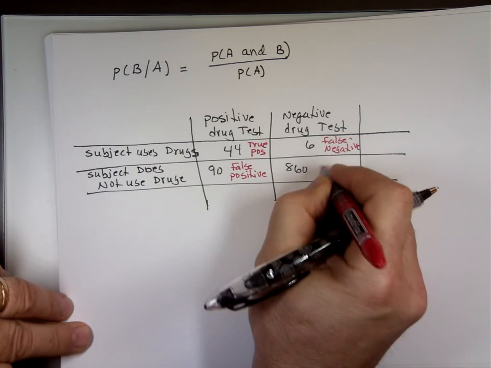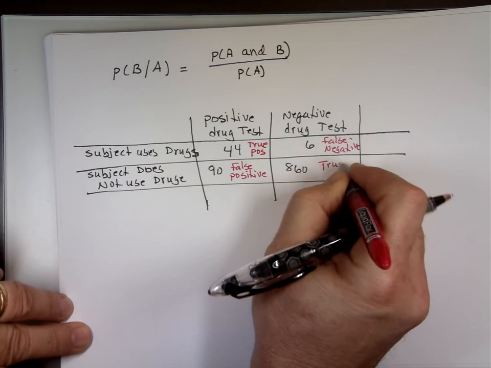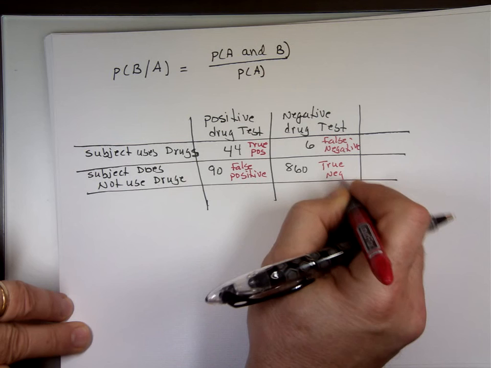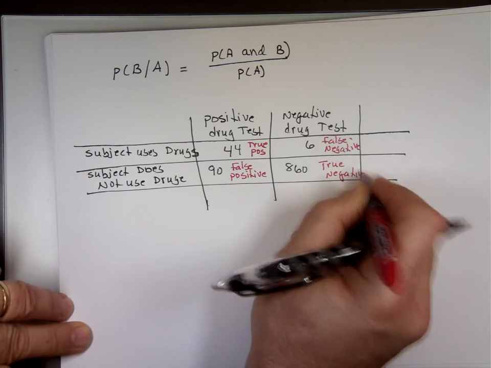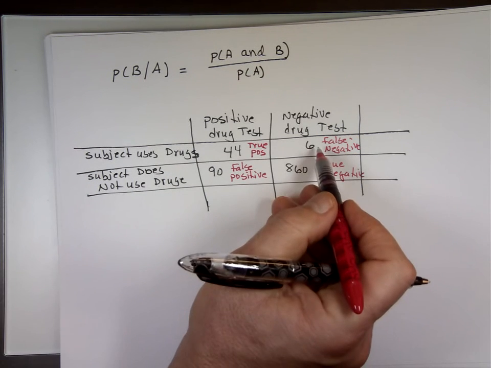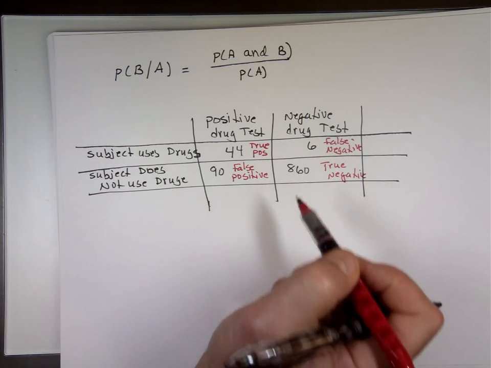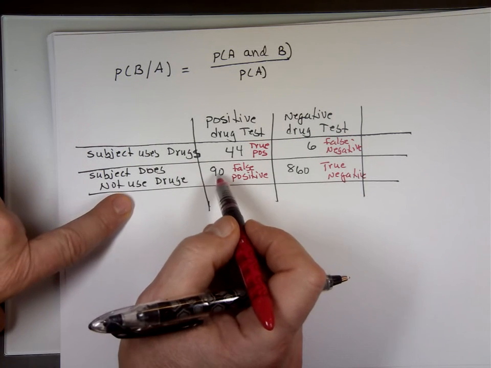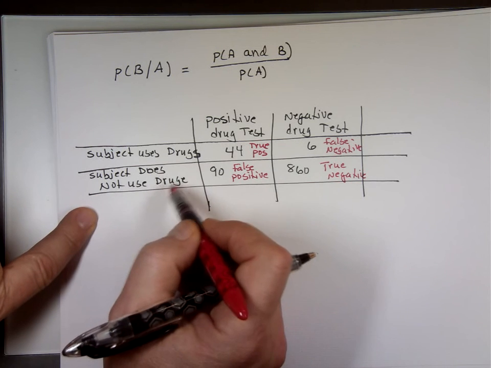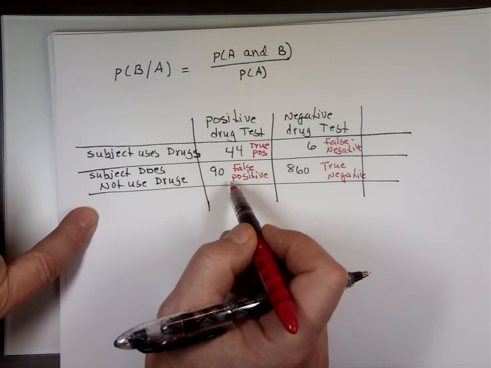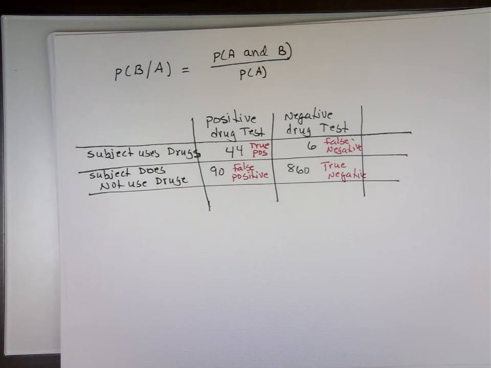So the test failed twice. It failed right here. People who use drug, the test says no, it's 6 of them, false negative. And it failed here. On 90 people, people do not use drug, and the test says yes, you do. So there's 96 of them here failed. If we add how many people took that test, this is the total number here.